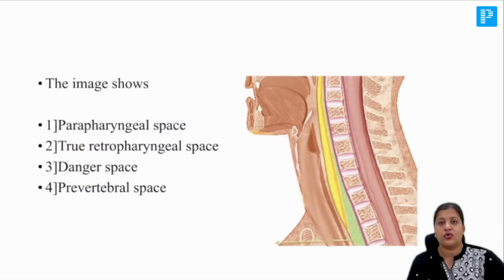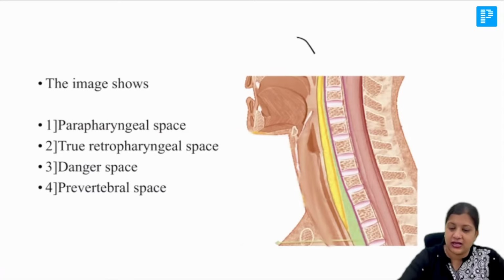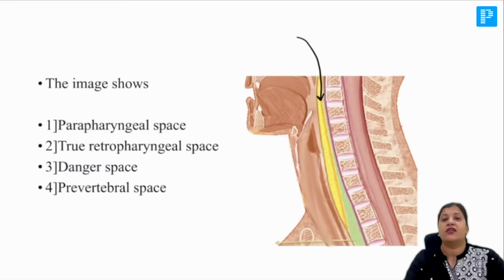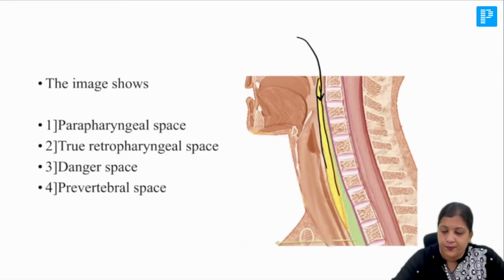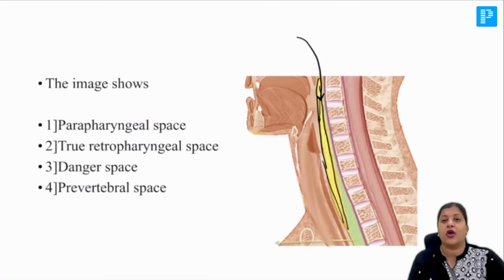The image is showing to you which space. So this is the image that is pointed out. This image is showing to you parapharyngeal space, retropharyngeal space, danger space, or prevertebral space. To be very specific, the space marked in yellow, not the green one.